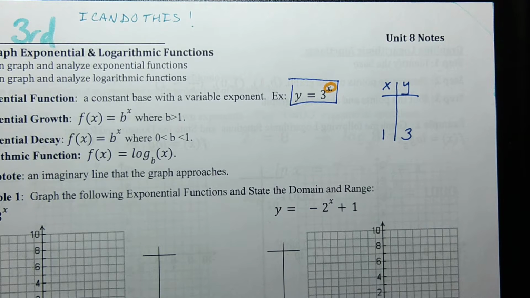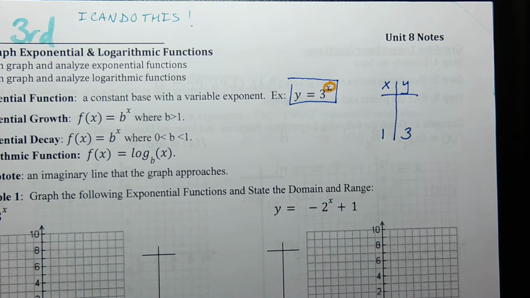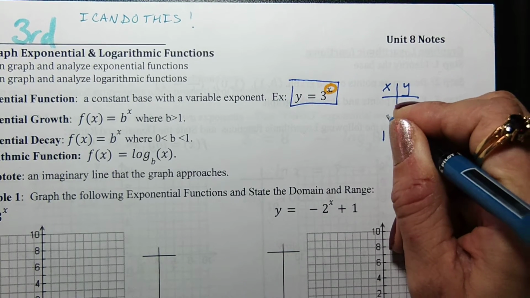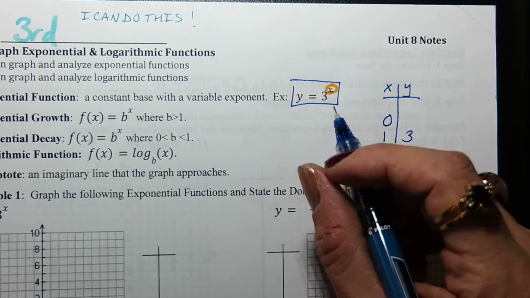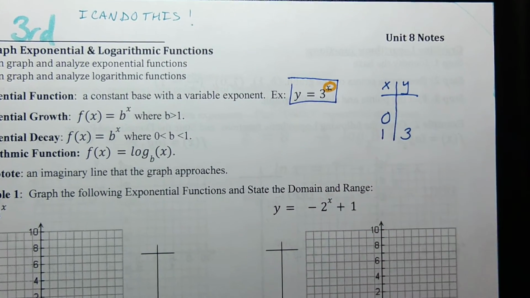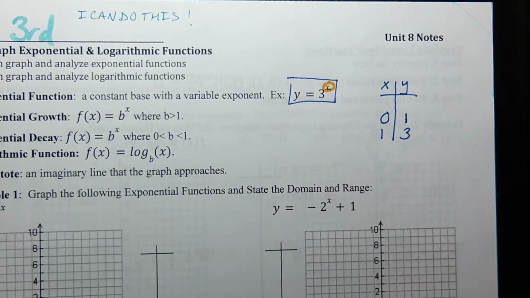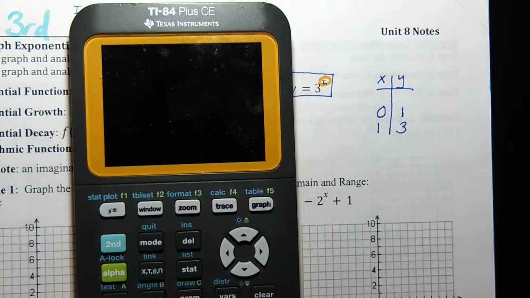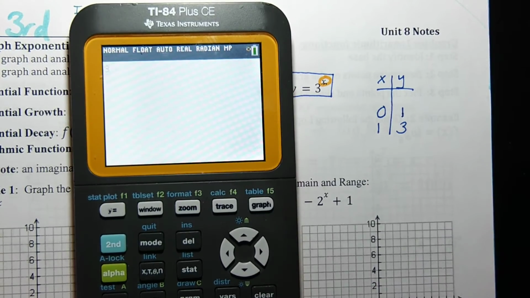Now, what is another value that's fairly easy to plug in? 2, which would give us 9, which is kind of off the graph. It's not too bad. 0 is a great one, though, because what's 3 to the 0? 1. Anything to the 0 power is 1. So that's going to come into play a lot, and you can always check it on your calculator. So 3 to the 0, boom, gives us 1.